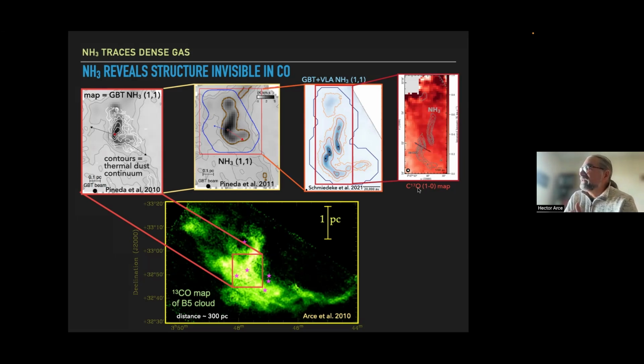This is C17O, another of the isotopologues of CO, that is the CO molecule, but with the 17 isotope of oxygen, which in principle should trace dense regions because of its abundance, but you cannot see the filamentary structure here in the map, in the reddish map, not because it's optically thick in this case, but because the CO gets depleted, as we call it, because it freezes into the dust grains.